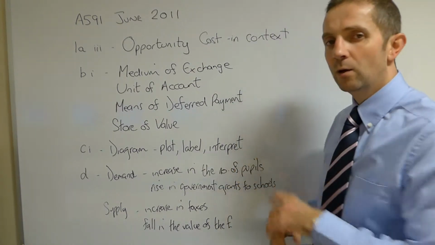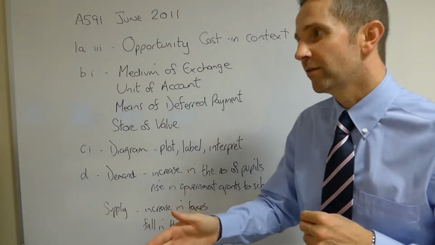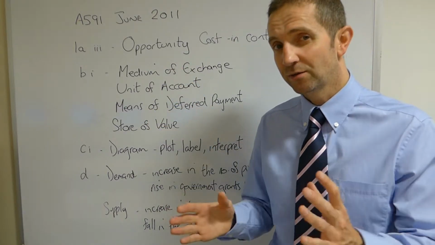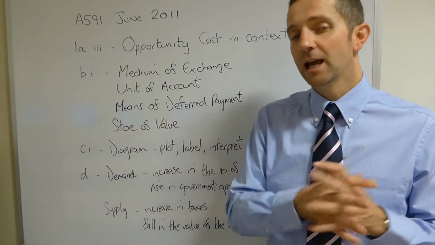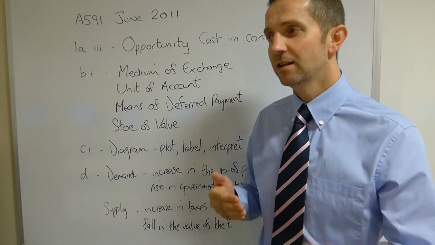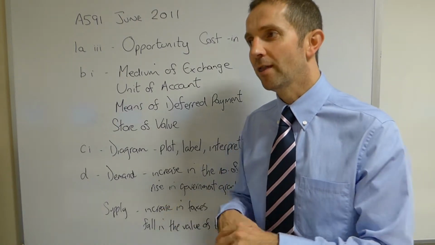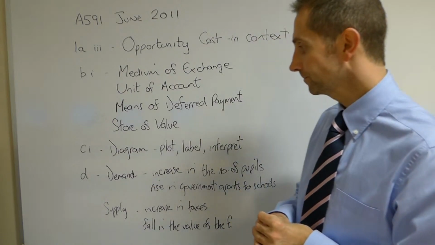And when you're interpreting it, be very careful that when you're reading down from the equilibrium point to the x-axis, that's to get your quantity. When you're reading across from the equilibrium point to the price line, that's giving your price. Some of you very carelessly got that the wrong way around, and there's a couple of marks just gone.